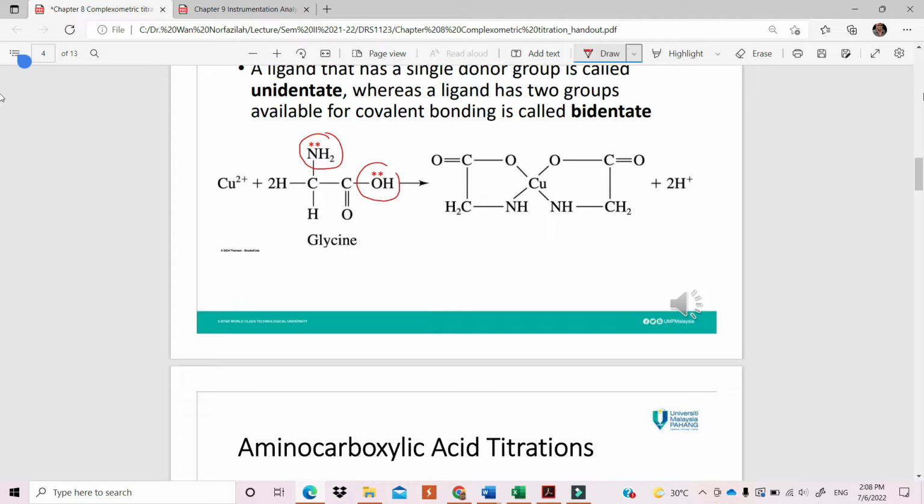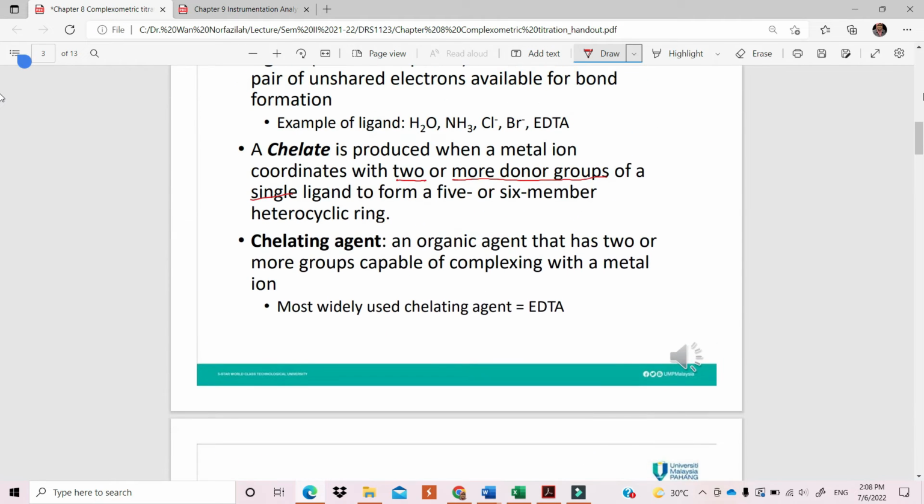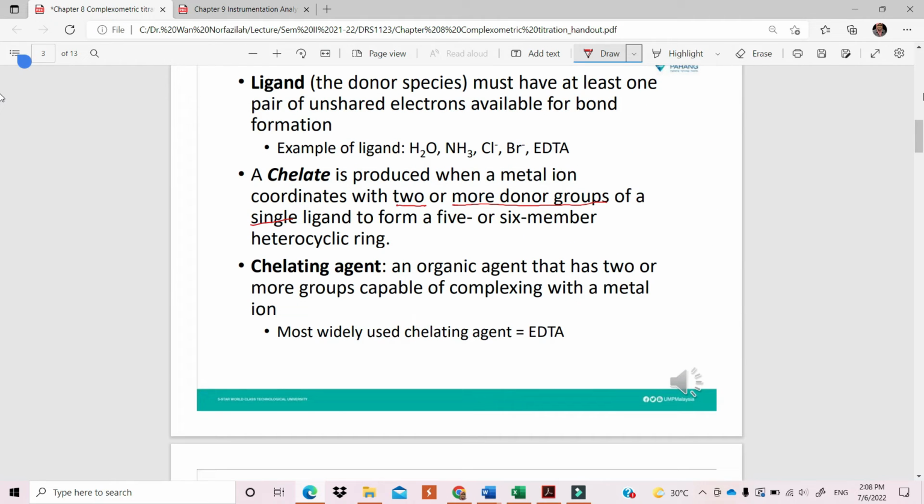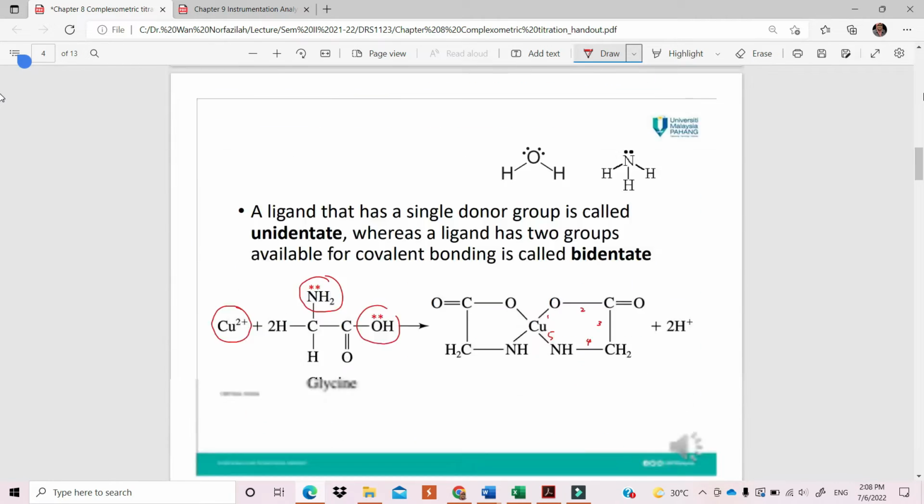So when they form bonding with the metal ion, so this is the metal ion, it can form 1, 2, 3, 4, 5, 5 or 6 member heterocyclic ring. This is what it means by a chelate.